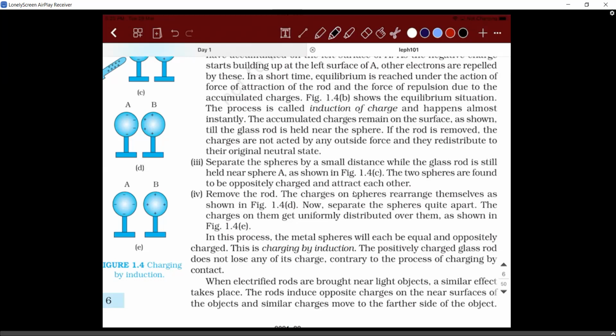So what happened initially? Initially, this material was neutral. On the top surface, I started rubbing and creating some friction. So this top surface has got charged with the help of friction. Frictional electricity is created for the top.